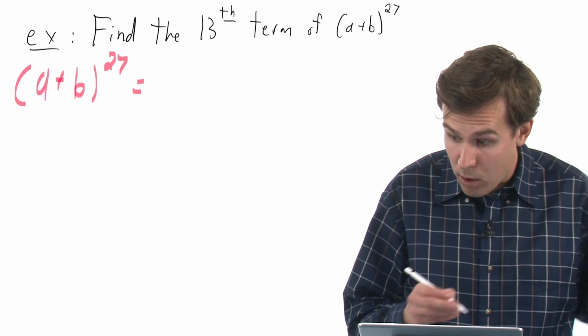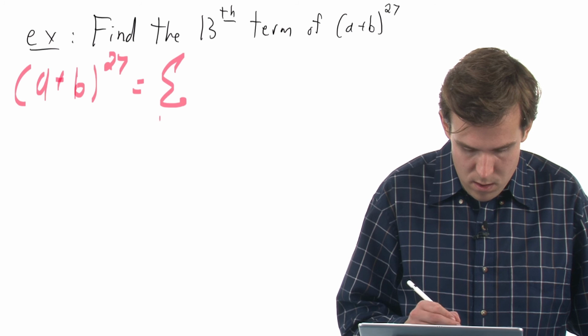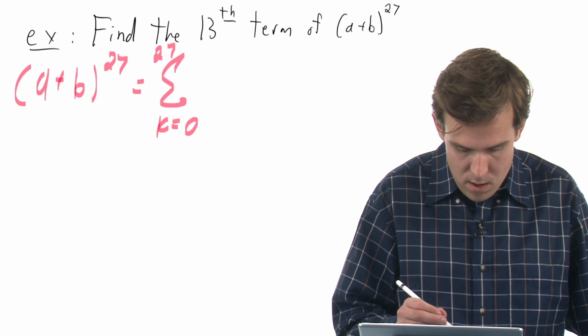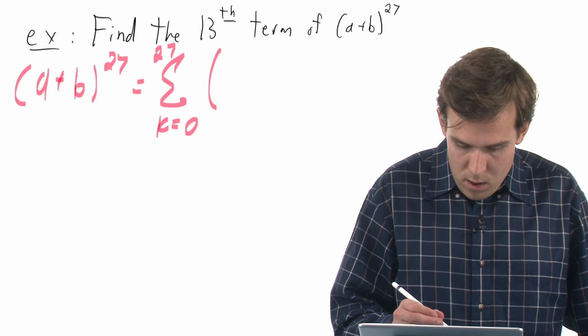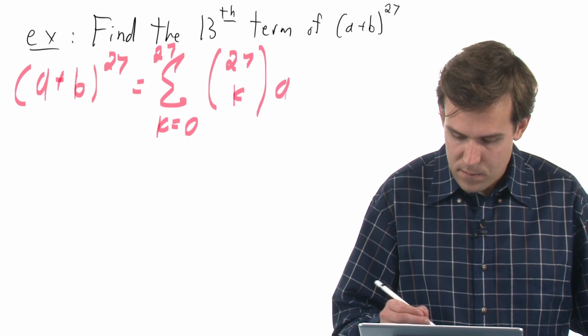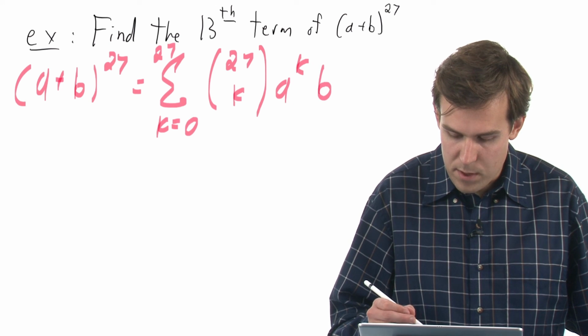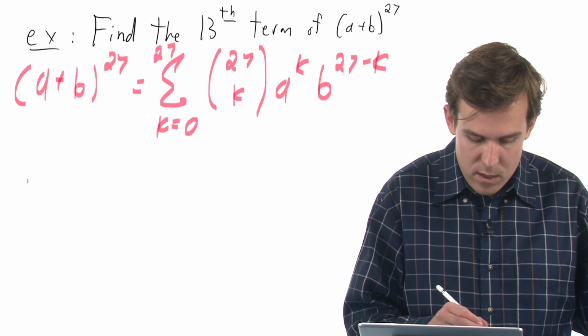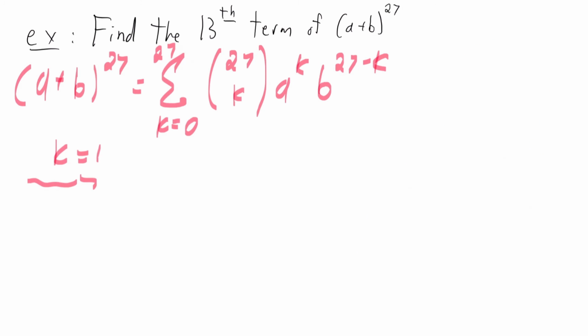may be written as follows. The sum from k equals 0 to 27 of 27 choose k, a to the k, b to the 27 minus k. So I'll just plug in k equals 13 to get the 13th term.